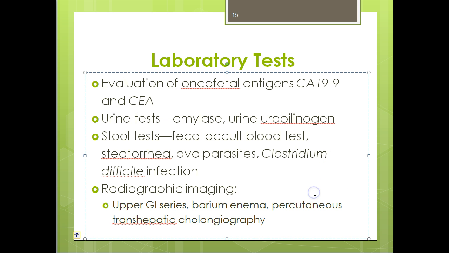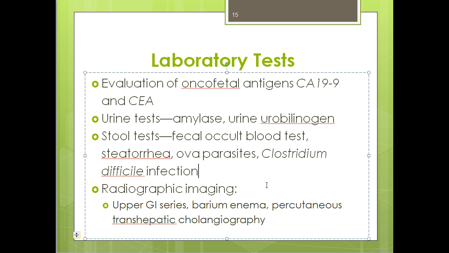You're going to test the urine to see if there's any urine urobilinogen, to make sure that they don't have any bile or increased amylase, where they're not breaking down anything. You're going to do a fecal occult blood test.